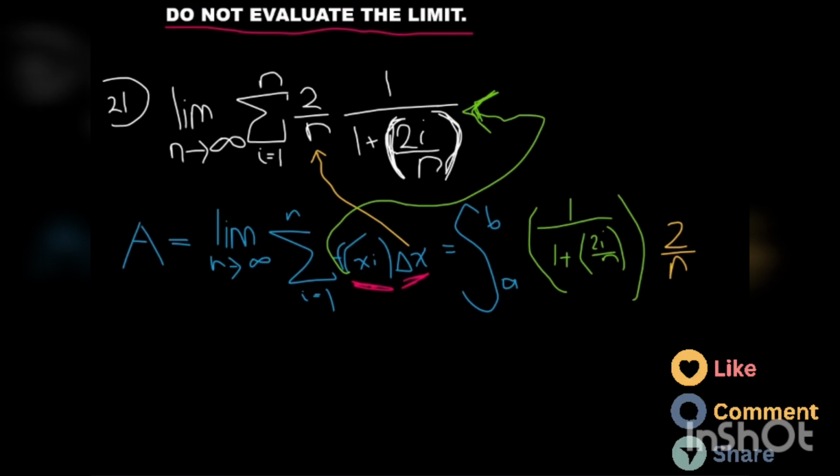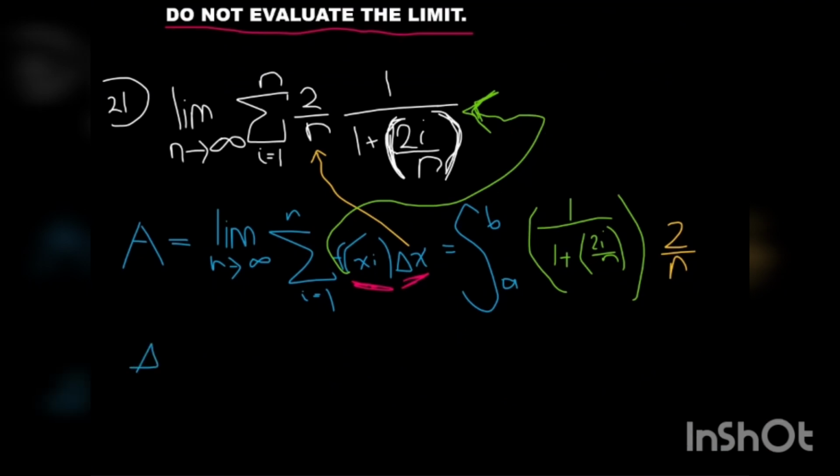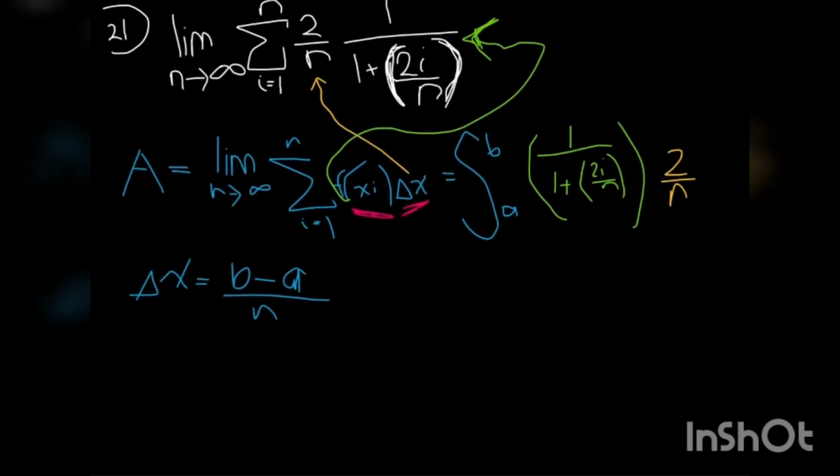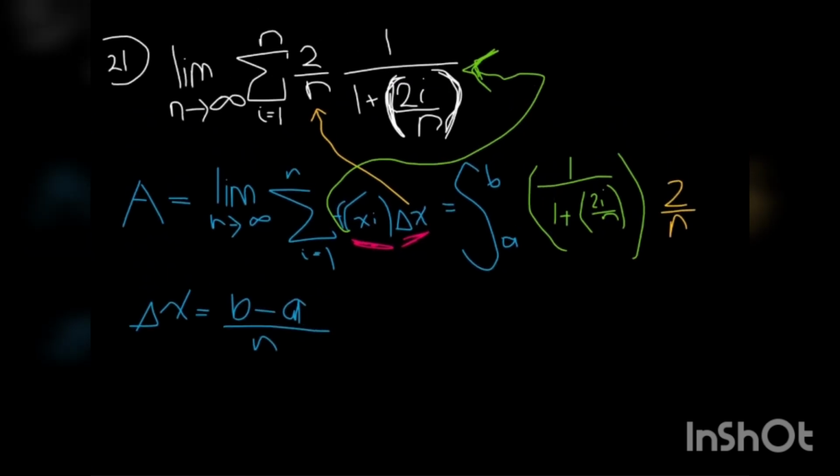What's our next step? Our next step is to find what b is, because we know what a is, and I'll come to that in a moment. For delta x, because we're looking for the interval, it's b minus a divided by n. We know our delta x is 2 over n.